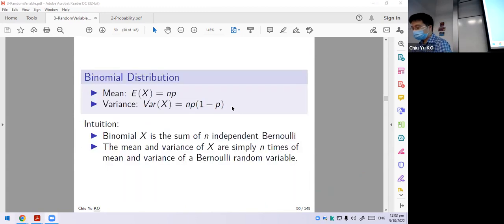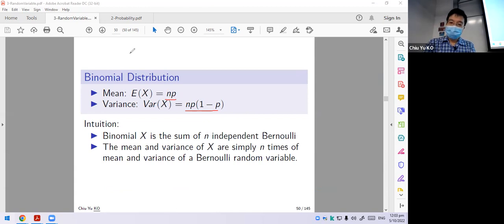So I think the main thing you would see is the mean and variance, which are np and np times 1 minus p. You can prove it, but let's do it in an easier way, using the thing we learned.